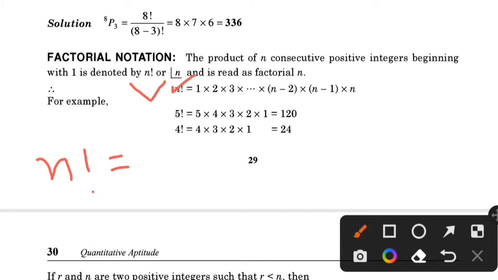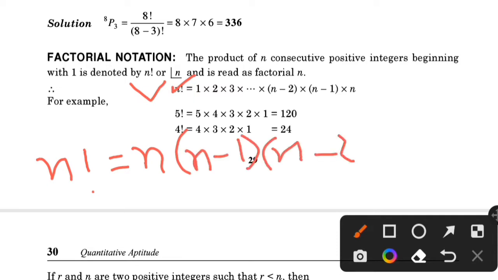Less than n is n minus 1, then n minus 2, n minus 3, n minus 4, and so on, and in the last 4, 3, 2 and 1. So the product of all these positive integers up to n is known as n factorial.